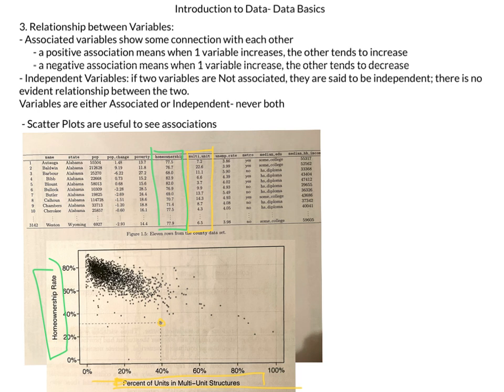That's 7.2. So this is 20, this is 10. Somewhere over here is 7.2 on the x-axis, and home ownership is 77.5. So this is 80, somewhere here is 70. Somewhere over here at 7.2%.